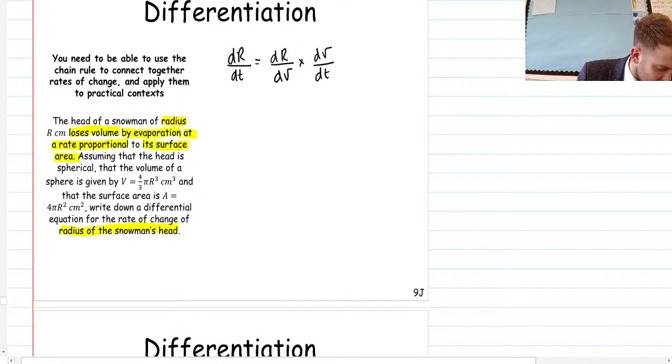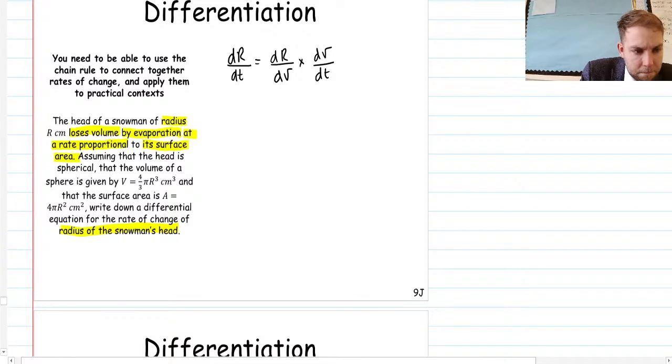Then I need to think about forming an equation for this, forming a differential equation. And then I need to substitute everything in. So what does it actually tell us? The radius of the snowman's head loses volume at a rate which is proportional to its surface area.